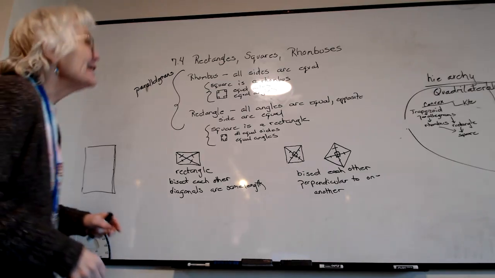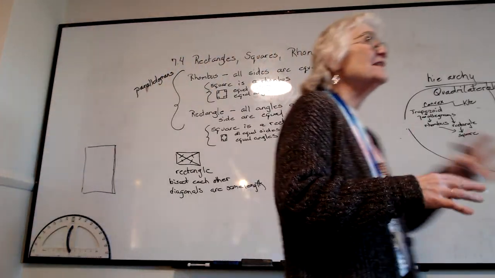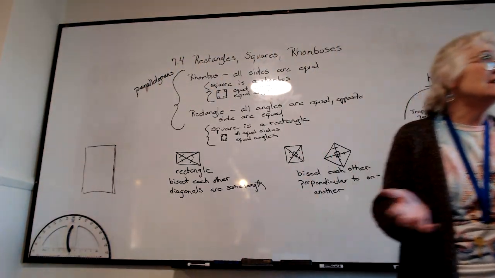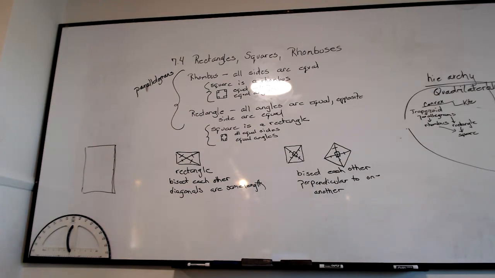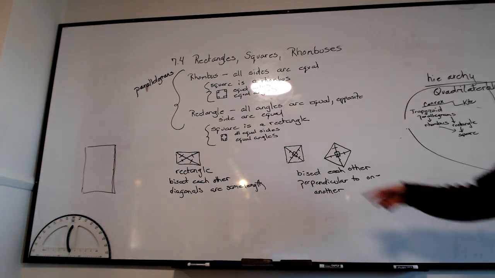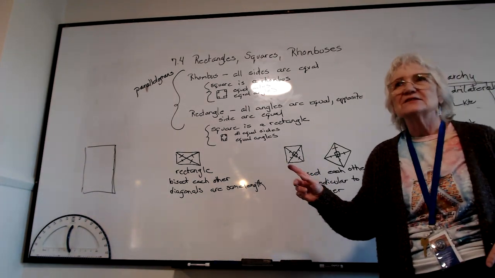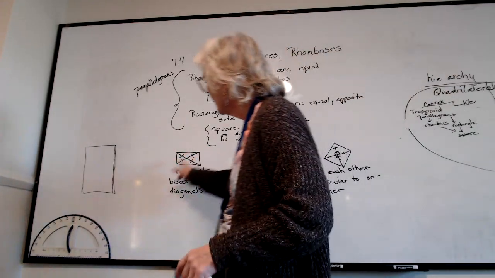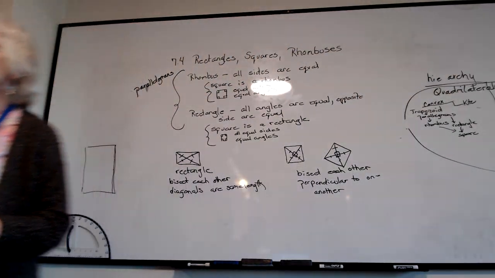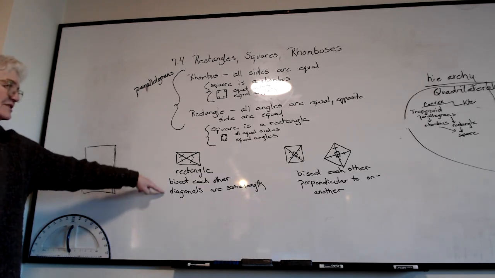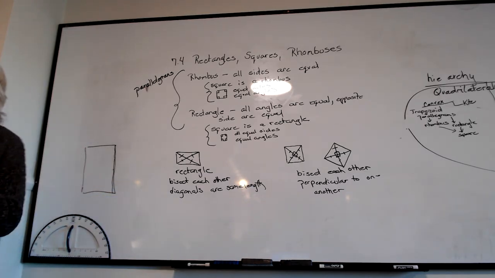So, anyway, these kinds of things are important when you're building, and so they use these concepts, that the diagonals are perpendicular and bisect each other, or that your diagonals are the same length. That helps them to know that you have something square.